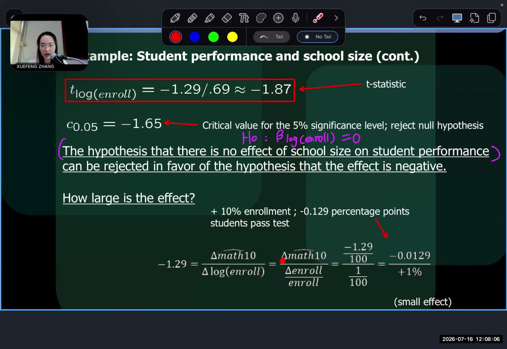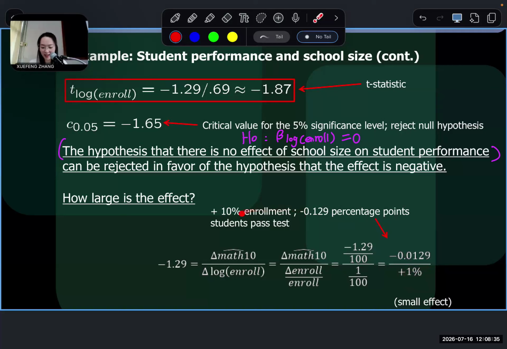So we're going to use the approximation that delta log n rho is approximately the percentage change of enrollment, right? And then we divide it by 100, which is 1 over 100 in the denominator. And then we get negative 0.0129, which is very small in terms of 1%.